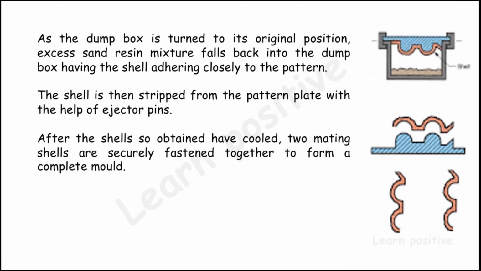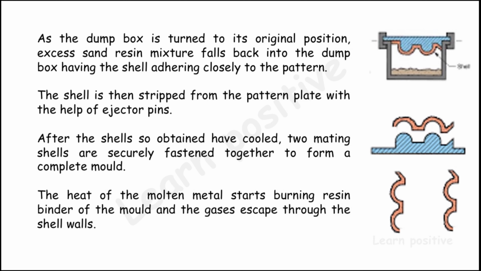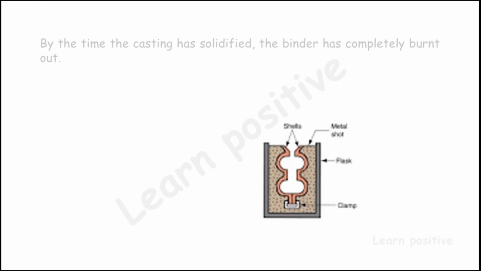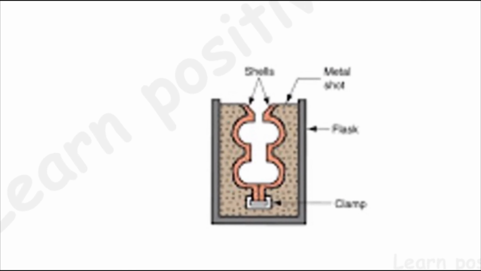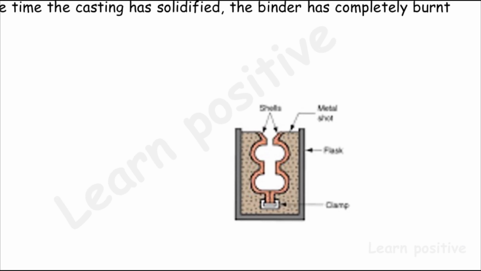So I prepared two shells, and now I am going to clamp them. The two shells are combined together with the help of the clamp, and put in the flask with the metal shot.